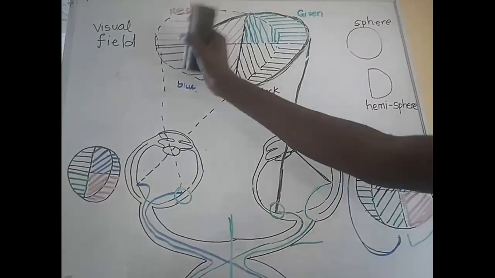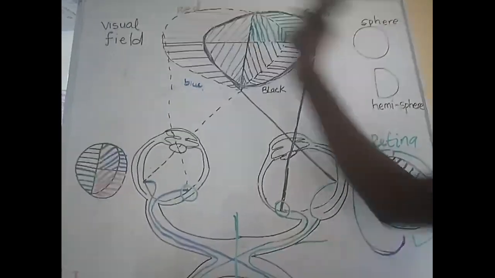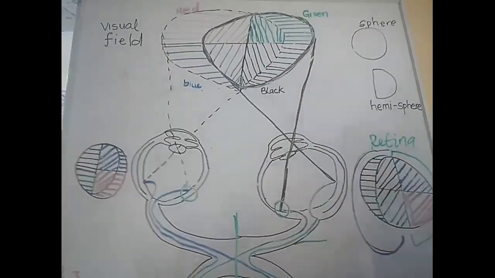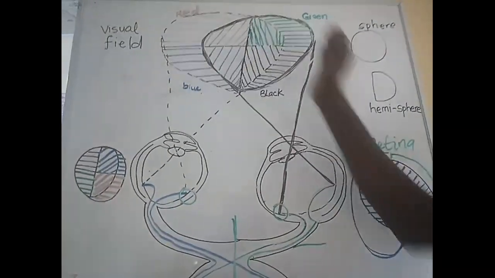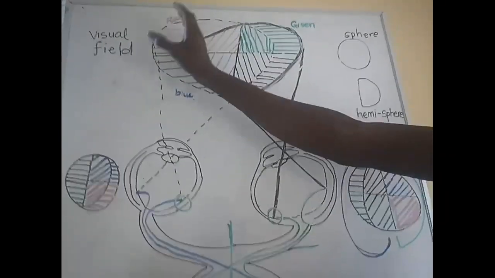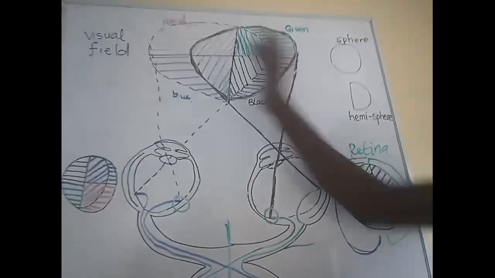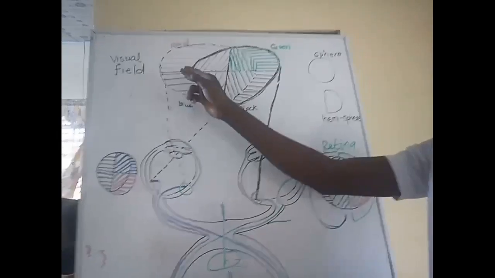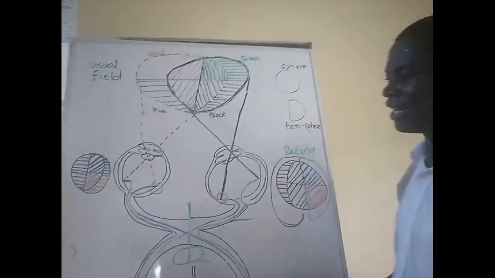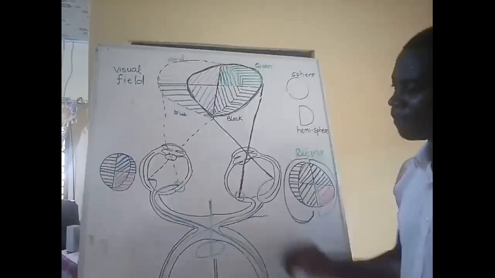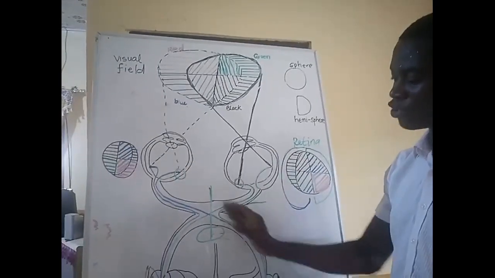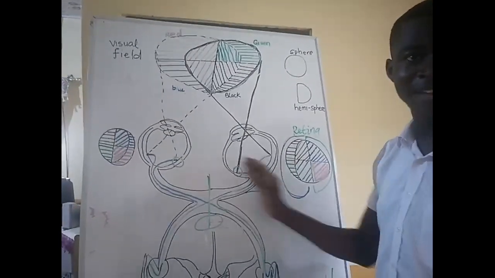It will affect the visual fields at the lateral side. So we say bitemporal. So the visual fields are the temporal fields. So we say bitemporal.